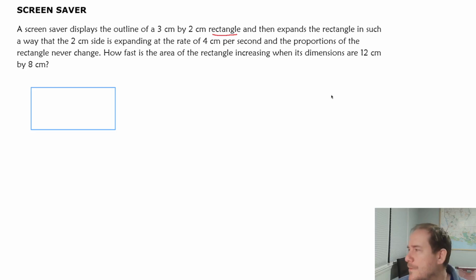Here goes. We know that the formula for the area of a rectangle is area equals length times width. And I wonder if we can get away with doing this the easy way. We've got an A, which means there must be a dA/dt. We've got an L, which means there's probably a dL/dt.